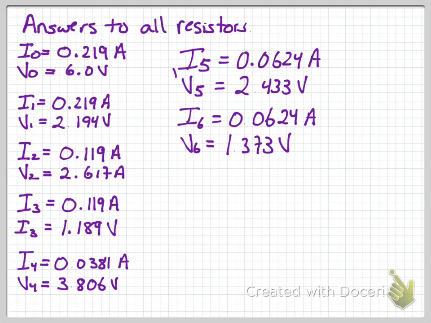The last page here is just looking at all the answers for every single resistor. What I think you need to do is go back, and it's really important to map out the circuit, look through the solutions that I've shown you on the video so far, so you have a good understanding of where those numbers are and how they apply to the rules of a series and a parallel circuit.